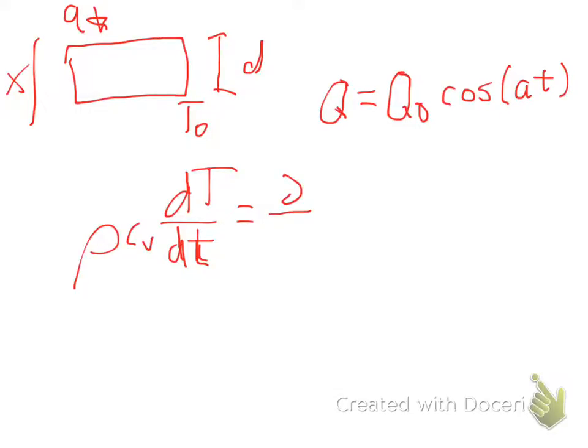So I guess I'll just write it out. We know that, first of all, K is going to be constant, and that's dx, dxj.